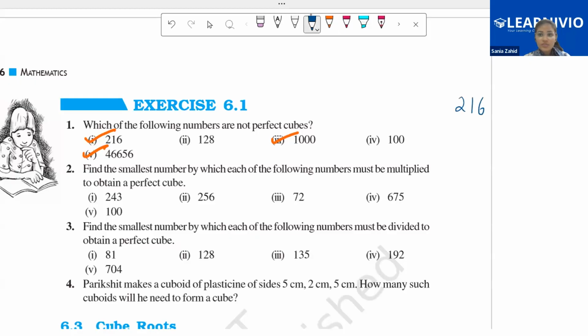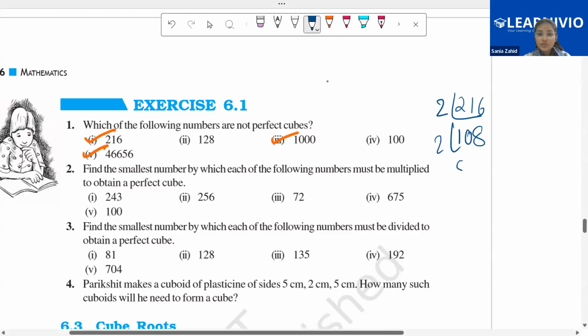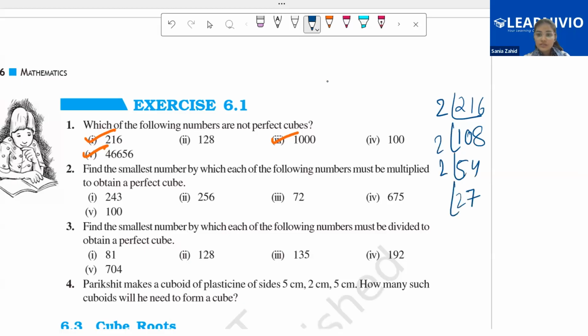So 216, first of all, you do prime factorization. So you'll have 2 into 108, then again 2, 54, 2, 27, and 3 into 1. So is it a perfect cube?